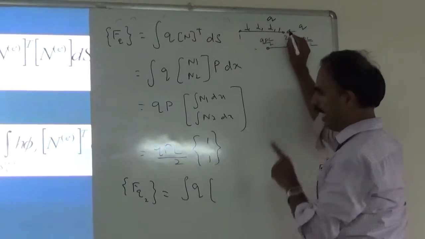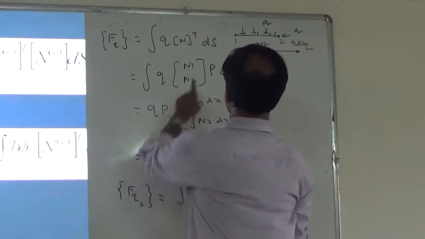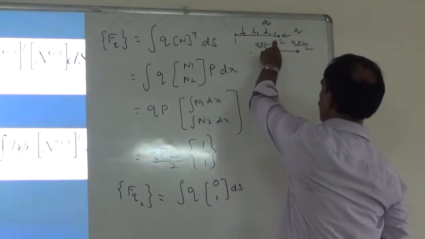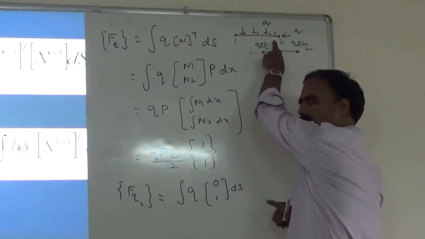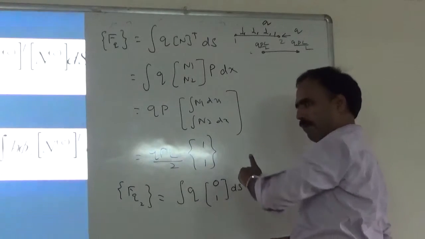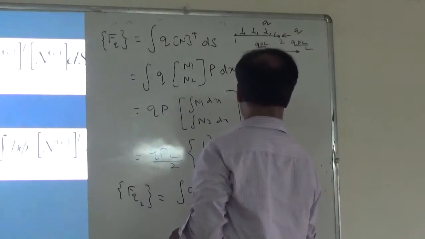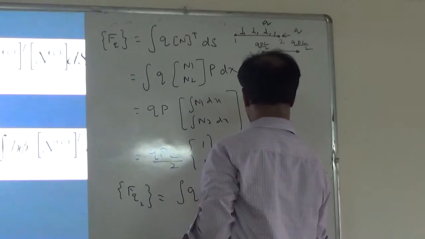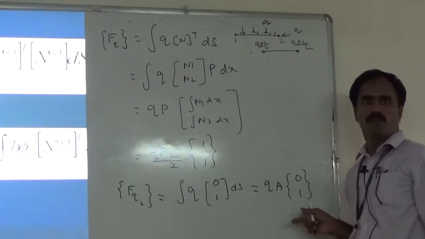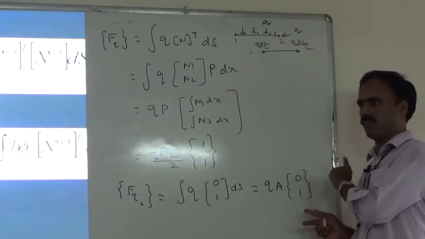Then what is the surface area? The integral of surface area at node number 2 is the cross-sectional area A2. In fact, my A2 is equal to A. With the uniform cross-sectional area, this becomes Q A times 0 1. But this is heat flux supplied at node 2. So for heat flux supplied at node 1, it is 1 0. Let's make the change accordingly.